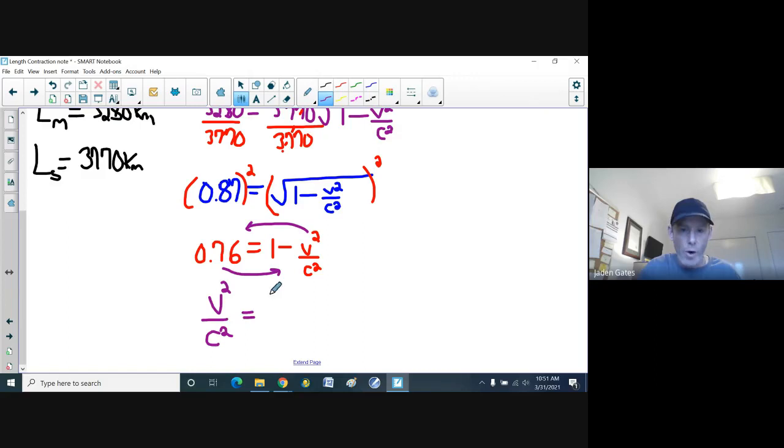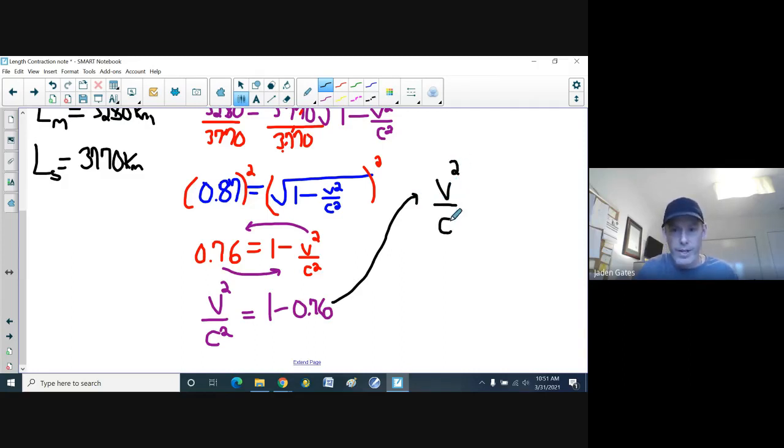All right, now I have a 1 over there, but now I'm moving this 0.76 over, so now it's a minus 0.76. All right, getting there. So now I've got V squared over C squared, because that's what we're trying to solve for, V, right? C squared, I know that number, or I can find it out. 1 minus 0.76, well, I get 0.24.